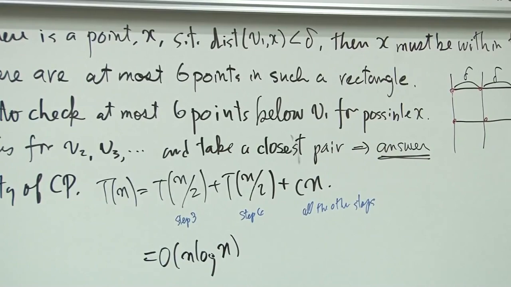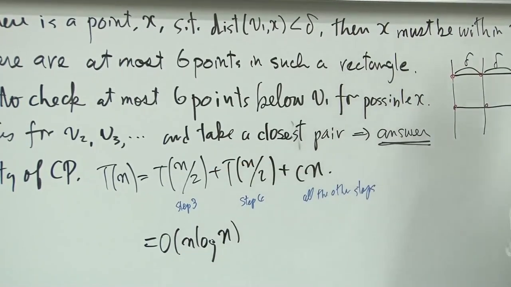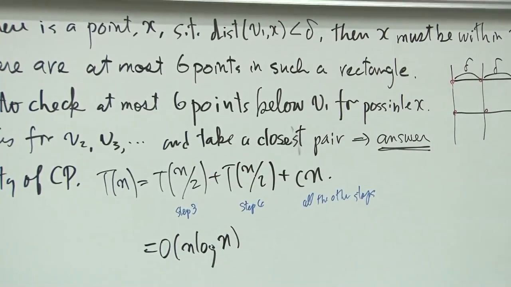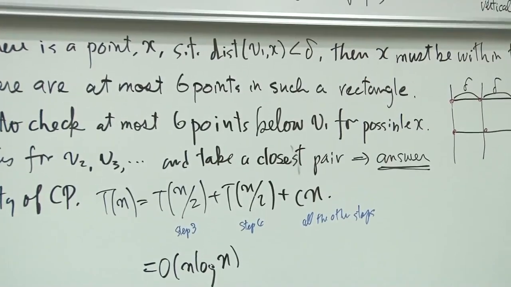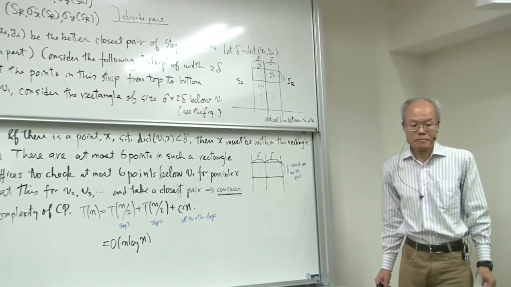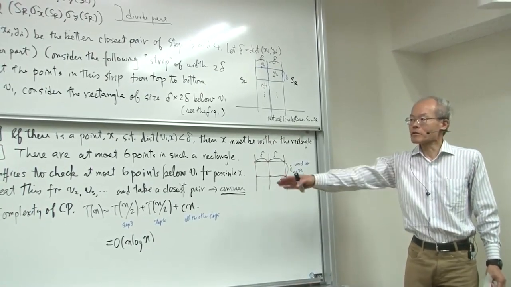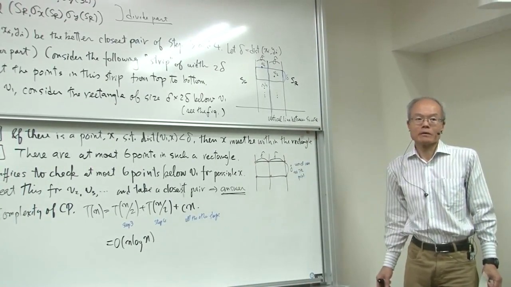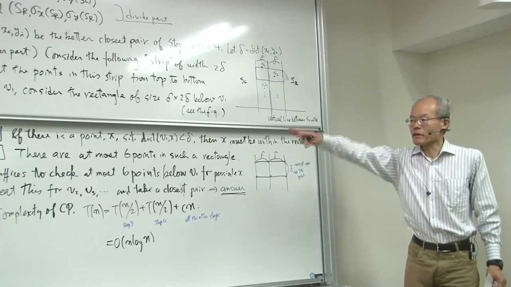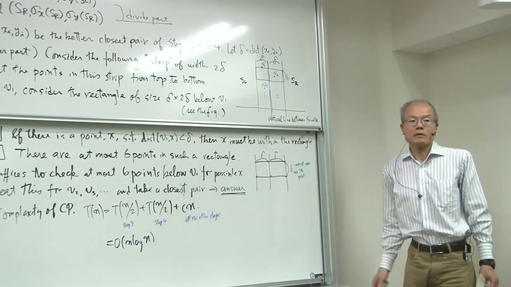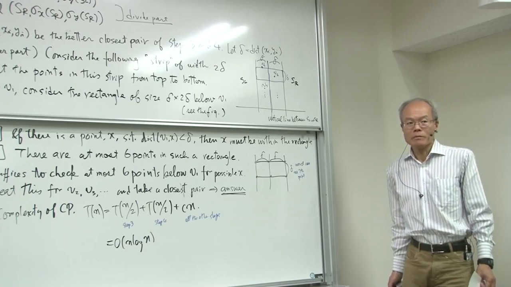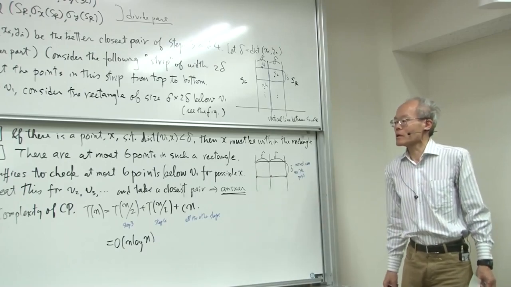Just put n log n into this equation, and it doesn't give you any contradiction. So this is n log n. Okay, we are done. So our algorithm is much better than the obvious one. Our trivial approach, easy approach, needs n square time, but this good one is only n log n.